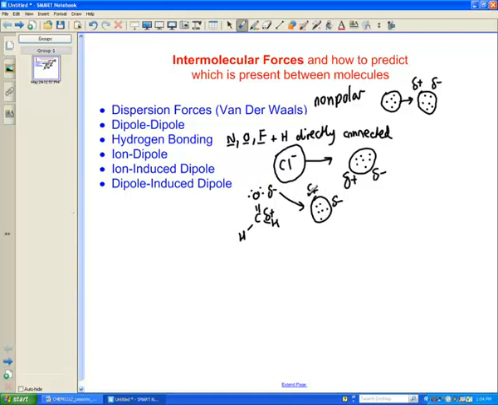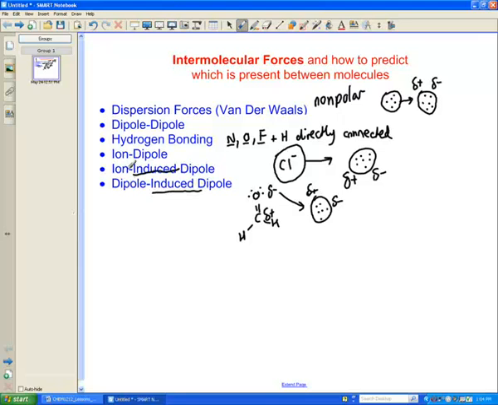Okay. So again, for these last two, for ion-induced dipole and dipole-induced dipole, you've got to have something that has no dipole there to begin with. You've also got to have an ion present if it's ion-induced, a dipole present if it's dipole-induced.